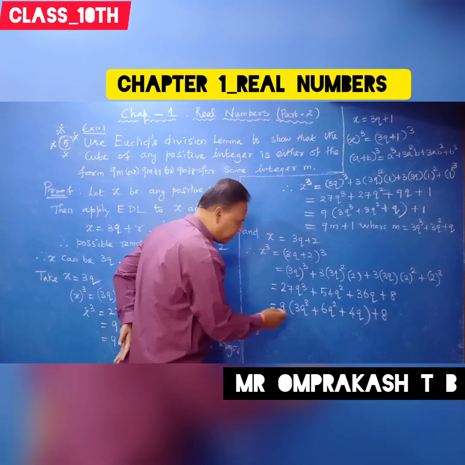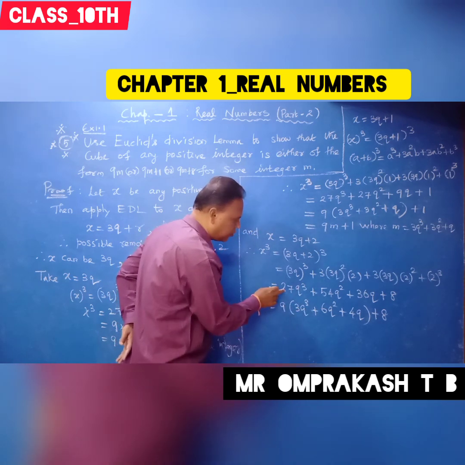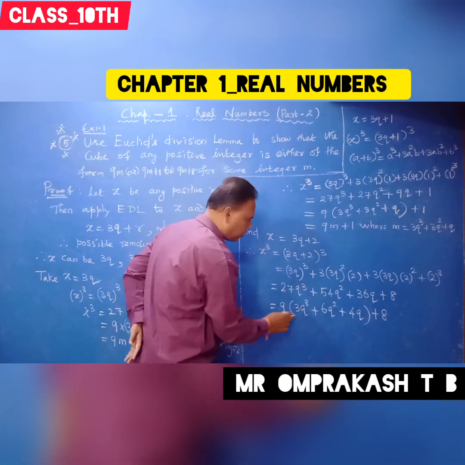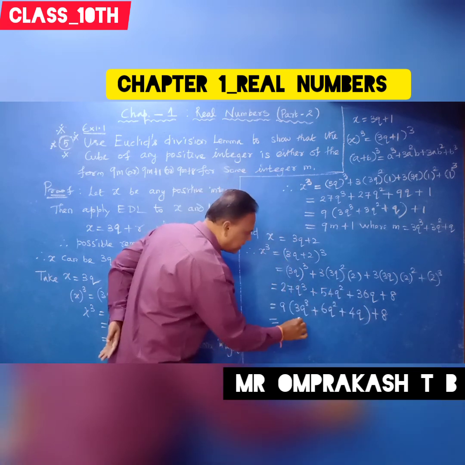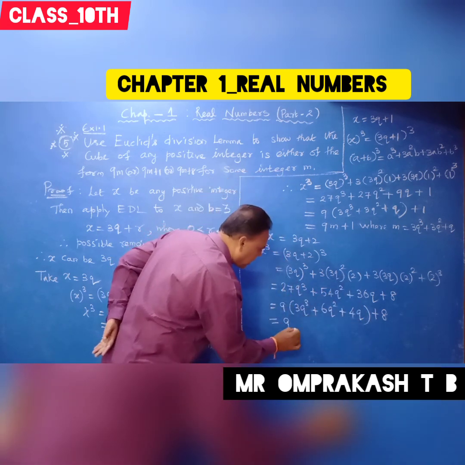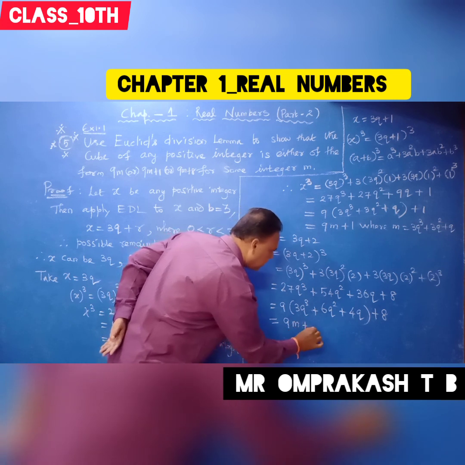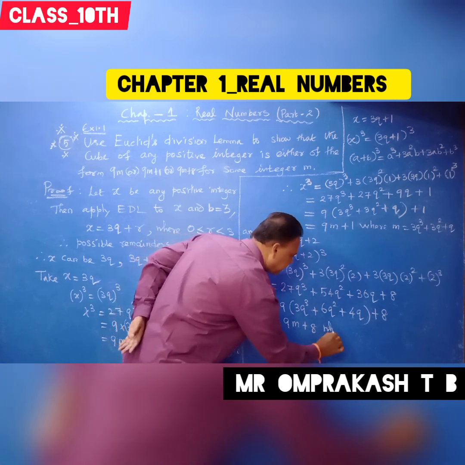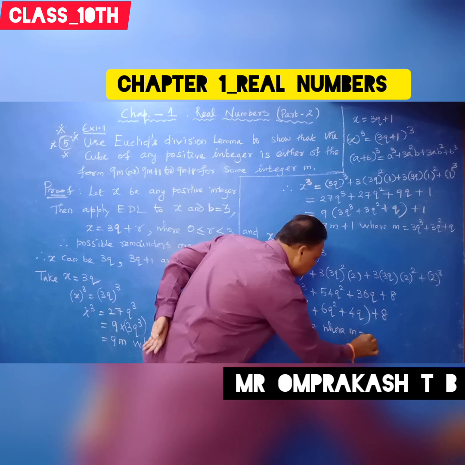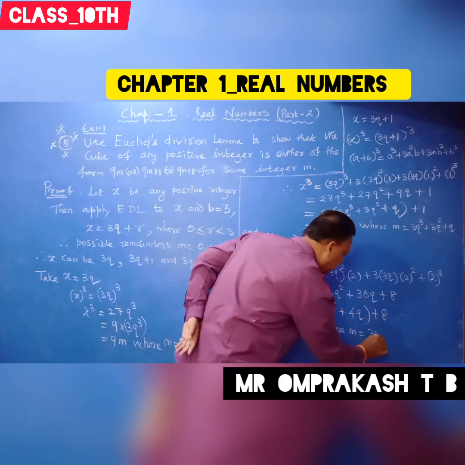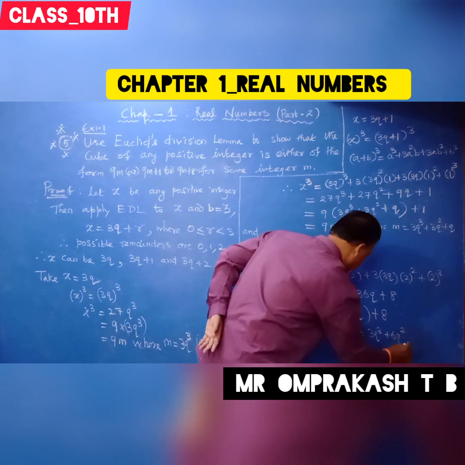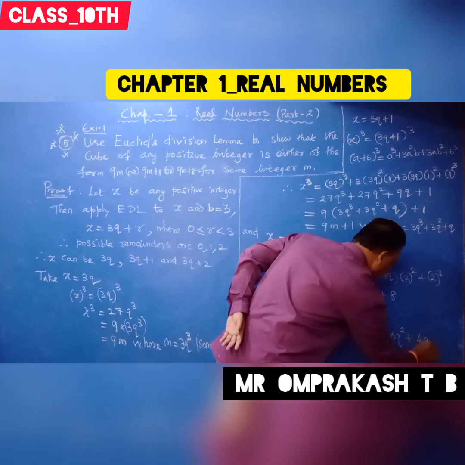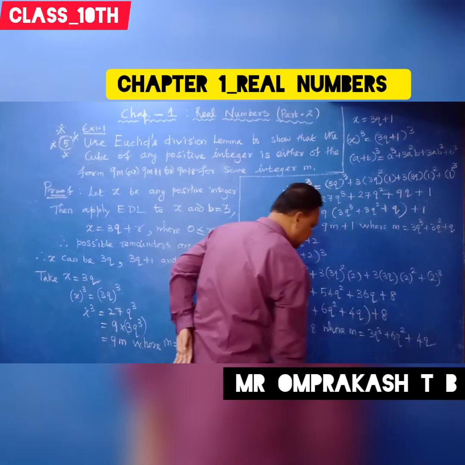If you multiply again, 9 into 3 is 27q cube, 54q squared, 36q. So now you take this fully as 9m plus 8, where m is equal to 3q cube plus 6q squared plus 4q, for some integer.